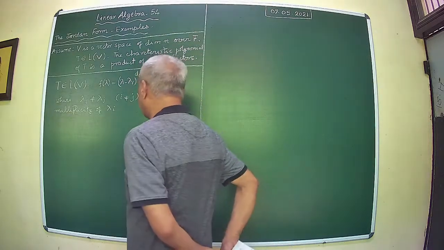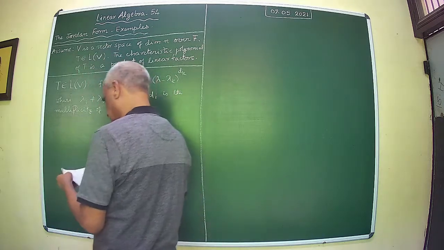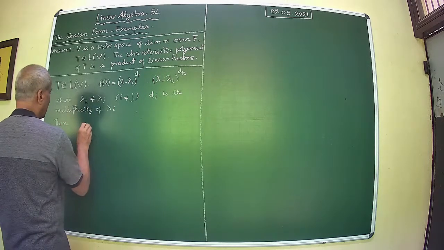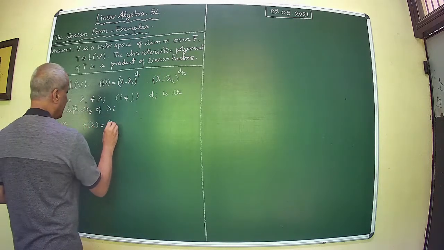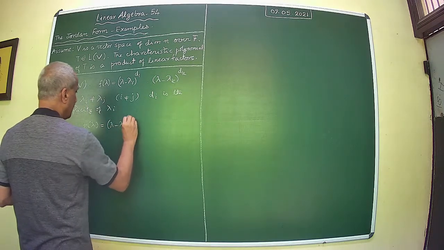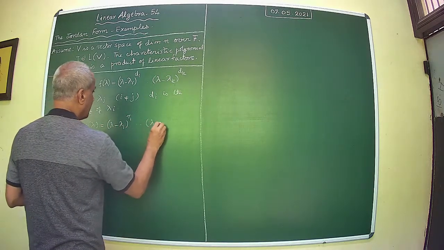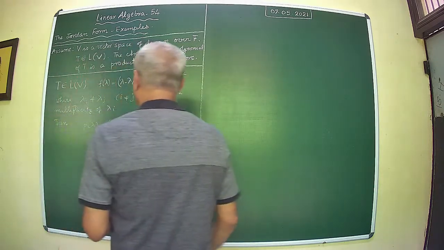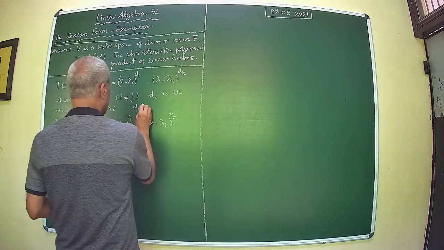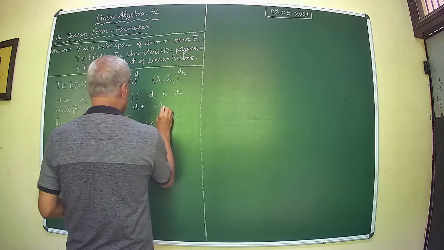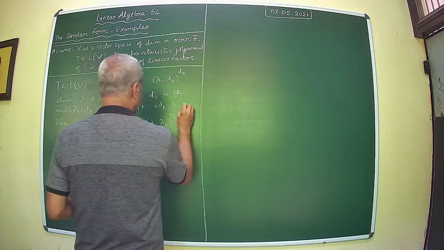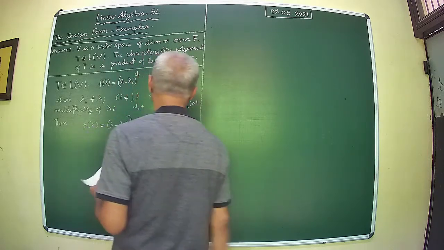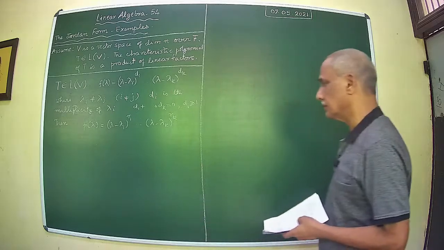But what we need is that it splits into linear factors. Then the minimal polynomial is the product of (lambda minus lambda i) to the power Ri, where of course we had d1 plus ... plus dk equal to n, and di is greater than or equal to 1 for every i. Now this is the assumption that we have.